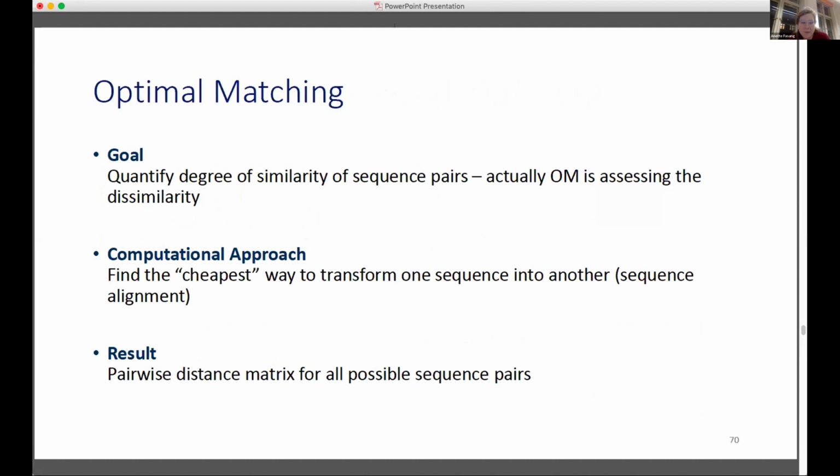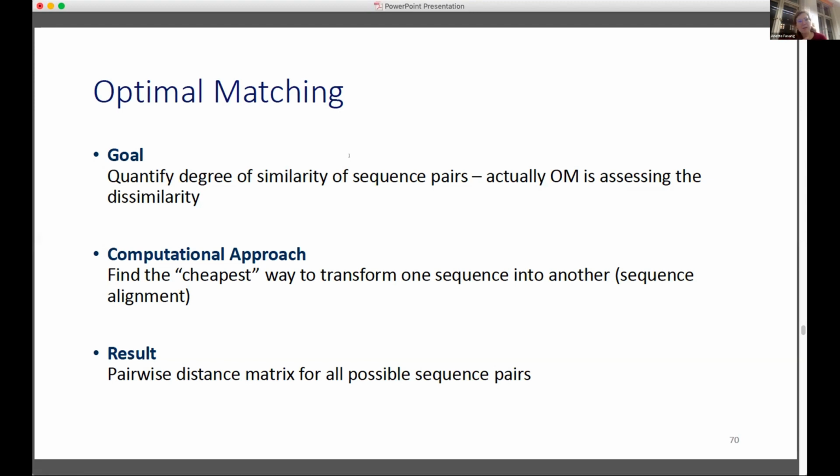Now, when we apply optimal matching, the goal of this whole procedure is to quantify the degree of similarity of sequence pairs. So we're comparing everybody to everybody else to identify who is similar to each other and should be grouped in one cluster. The way optimal matching approaches this is to find the so-called cheapest way to transform one sequence into the other.